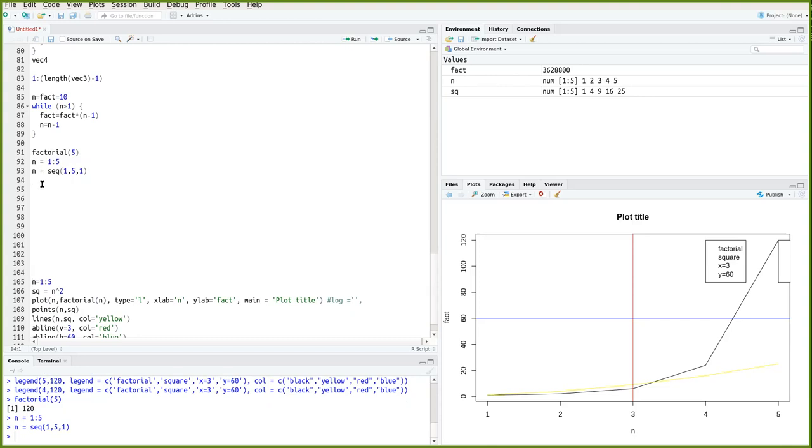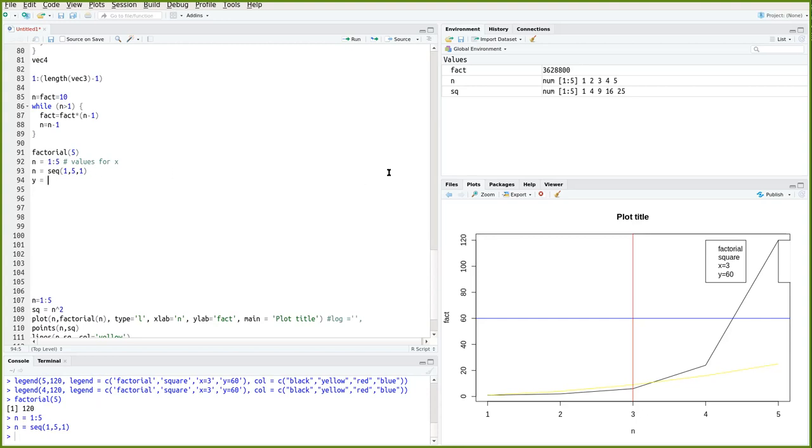Now, this is my x. These are the values for x for my plot. Now I want the values for y. You can save it as another variable, say y, and since we need to find the factorial of each of these elements of n, that is 1, 2, 3, 4, 5, I can pass the vector into the function factorial.